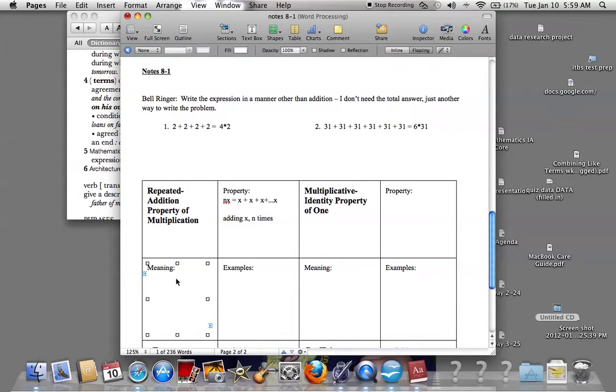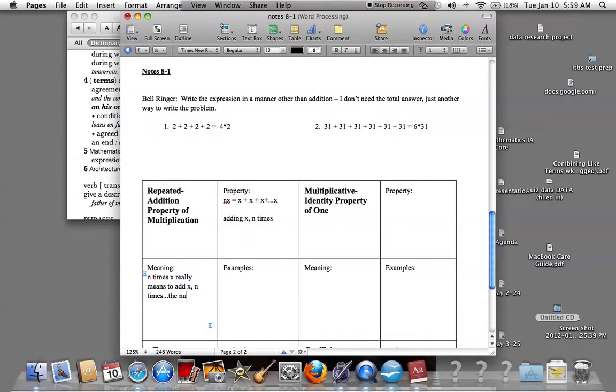So that's what we want to explain down here in the meaning box, is that n times x really means to add x n times. The number in front is telling me how many times to add x. As we move into the next box, we will be looking at some examples, and hopefully that will help clarify this whole concept.